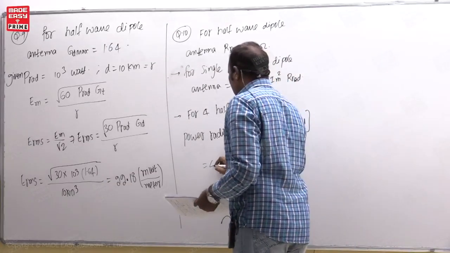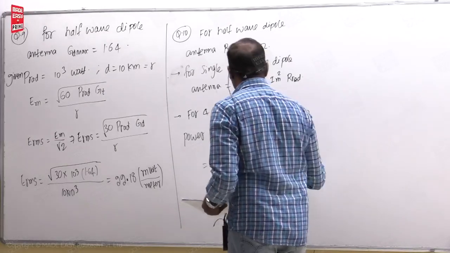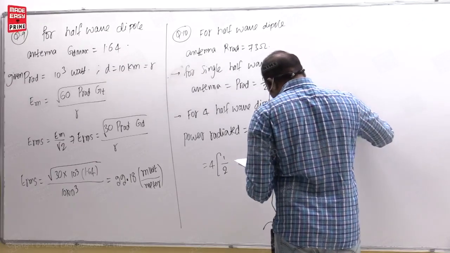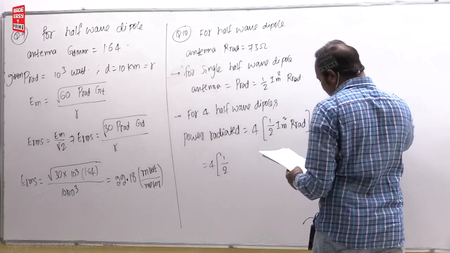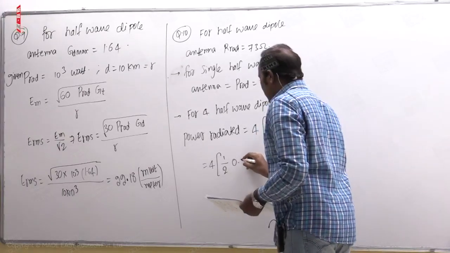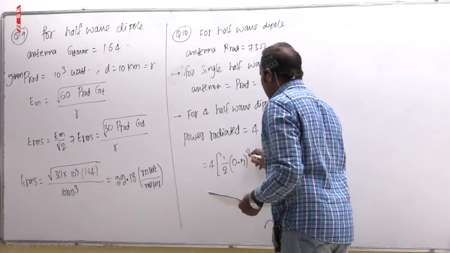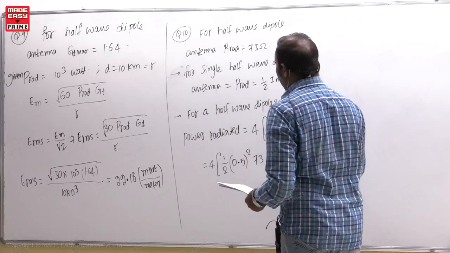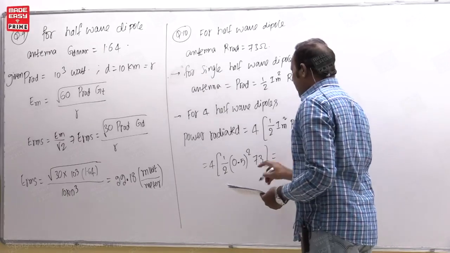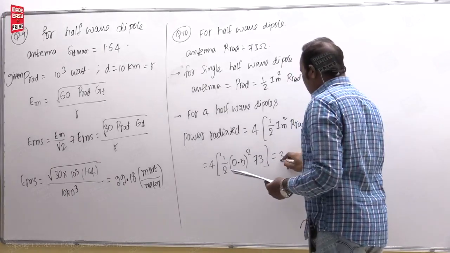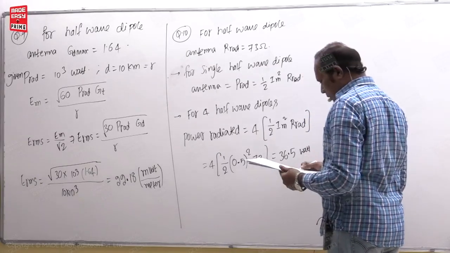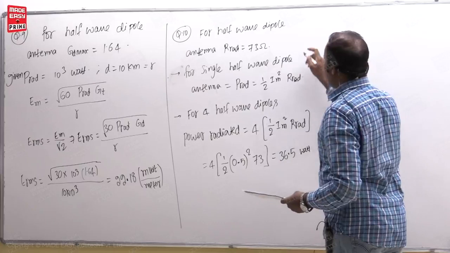So that is nothing but 4 times 1 by 2. And here Im is given as 0.5 in the question. Radiation resistance is not given, but we know that radiation resistance is 73. You get 36.5 watt. So that is the answer, students.